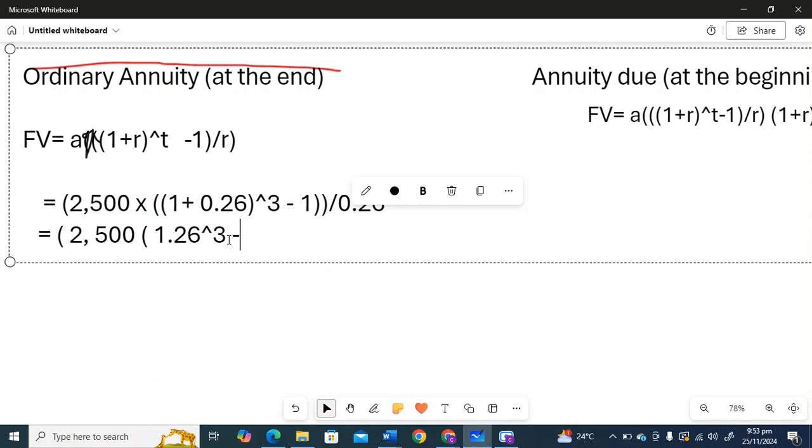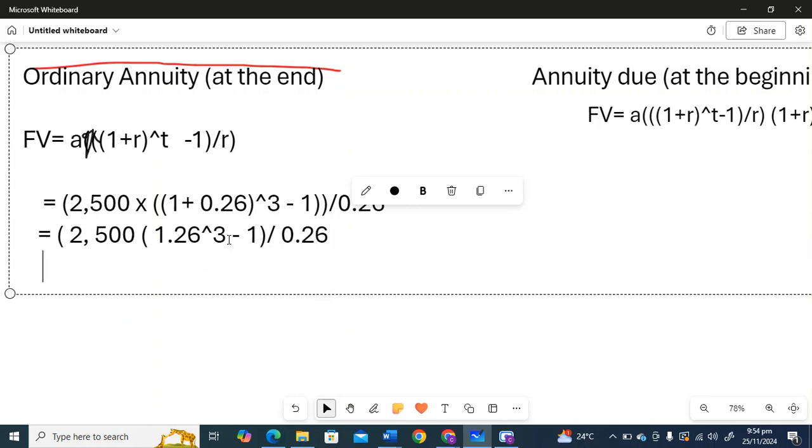So 1.26 to the power 3 gives 2.00, so just write it as 2 minus 1.